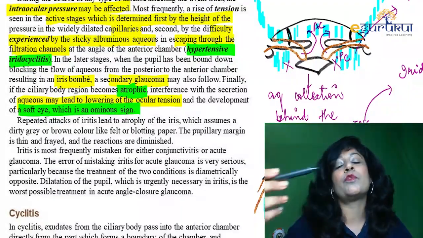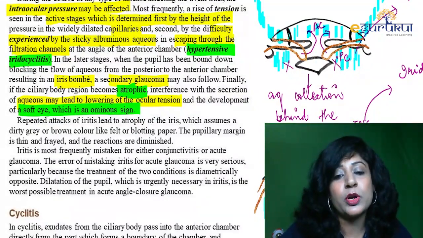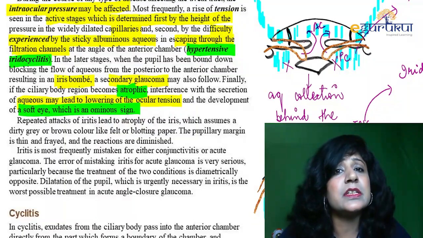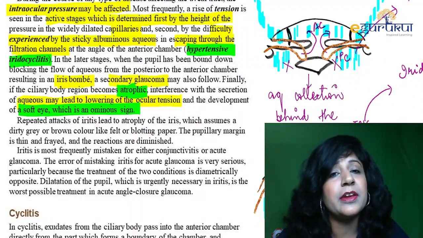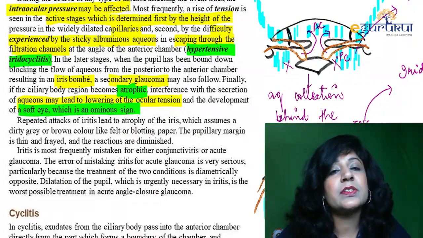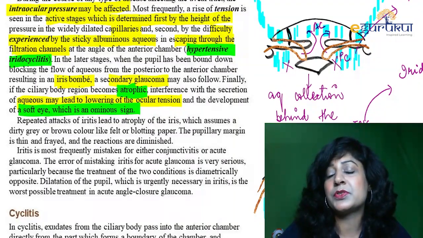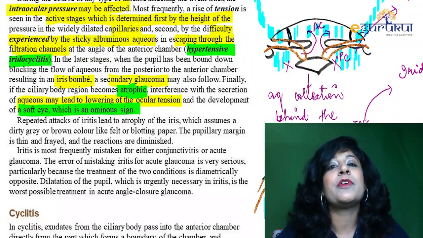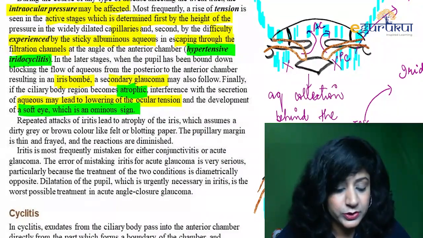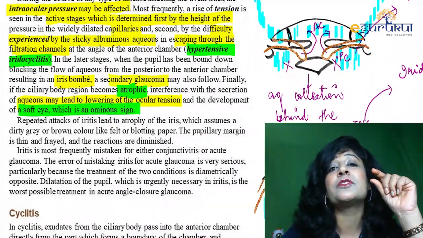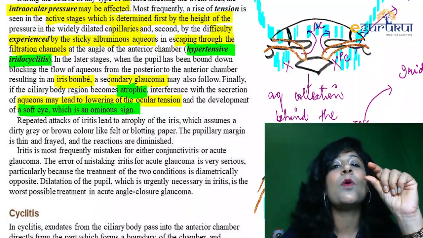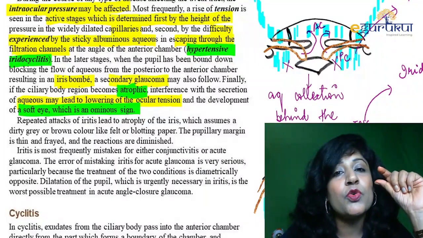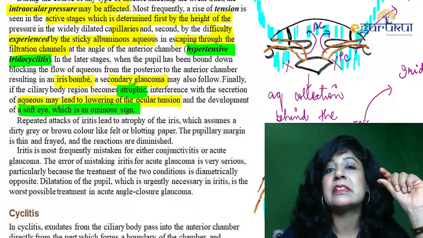So there is atrophy of the region of the ciliary body, and we know that it is the anterior part of the ciliary body, the ciliary processes, which are responsible for the secretion of aqueous humor. So ultimately the ciliary body fails to form more aqueous humor, and we will have a soft, small eye, that is called atrophic bulbi or phthisis bulbi.